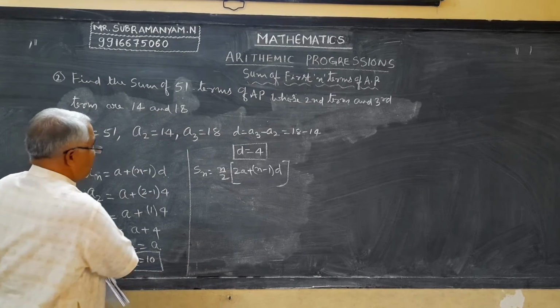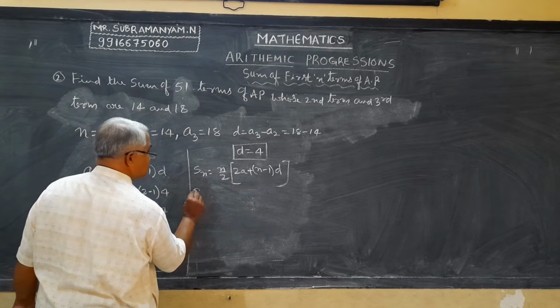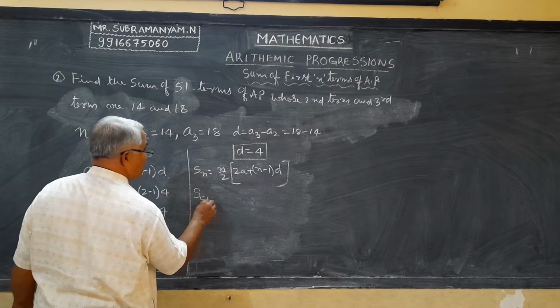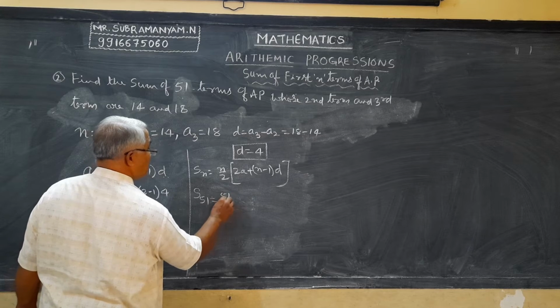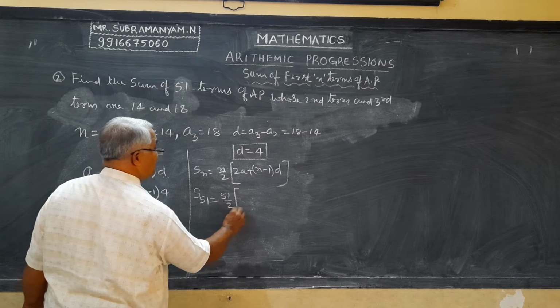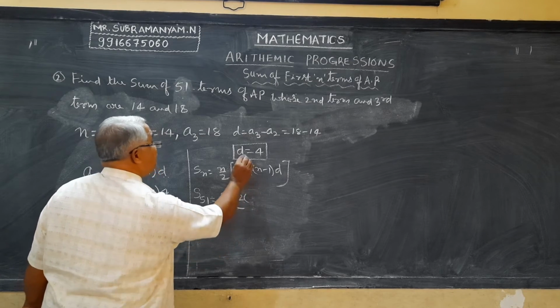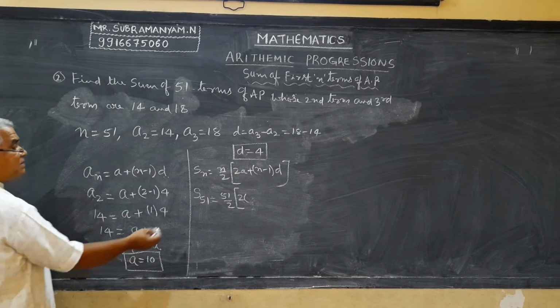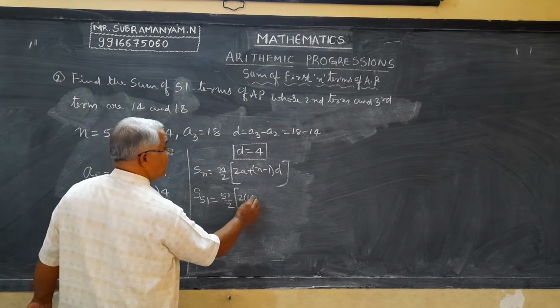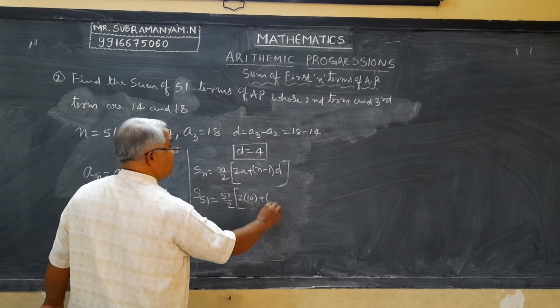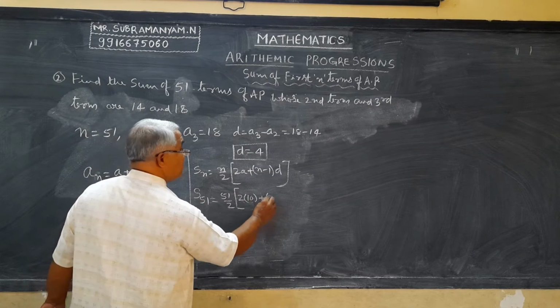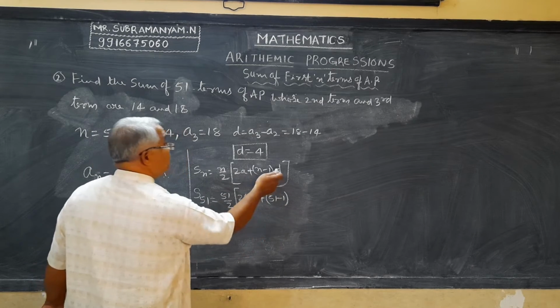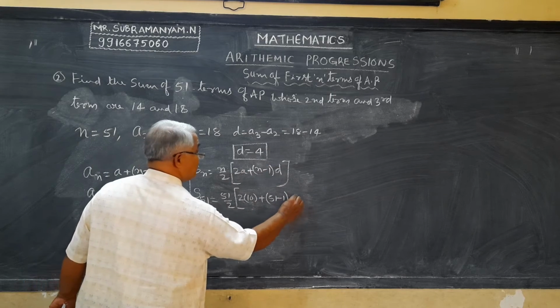Now S51 equal to 51 by 2 into 2 into, we have calculated a value as 10, plus n value 51 minus 1 multiplied by d value 4.